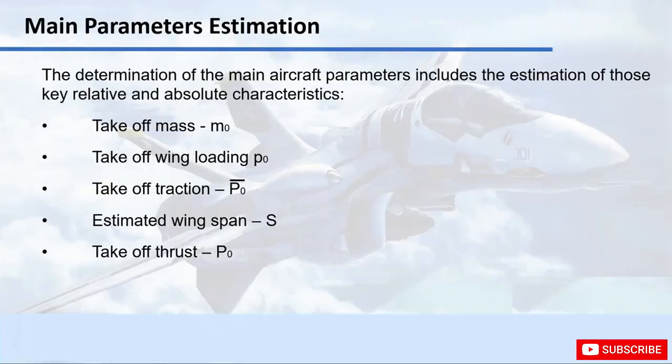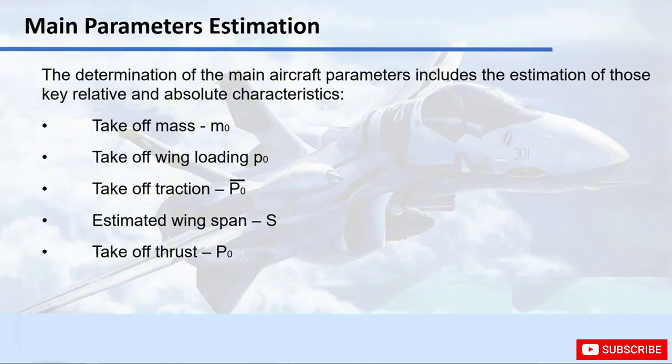Hi everyone, before continuing with the mass estimations, I just wanted to state what parameters we are going to look for in this section. The main aim here is to estimate the takeoff mass by determining each component exactly. So we're going to determine the weight of the fuel, of the crew, of the empty aircraft and so on.